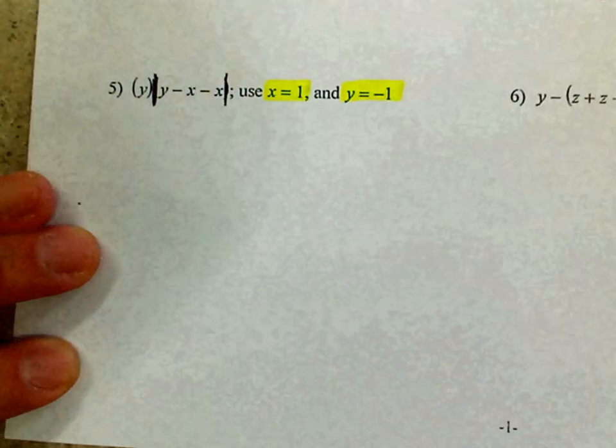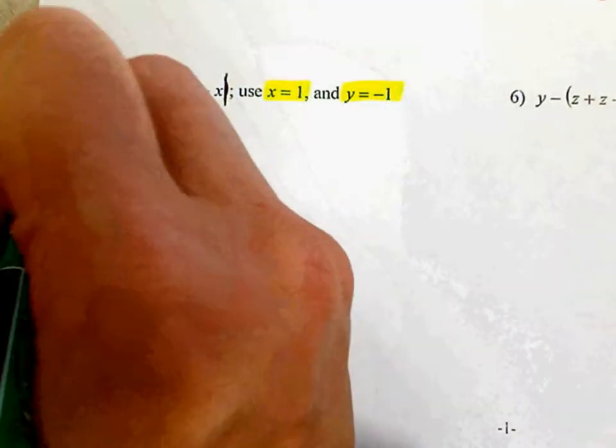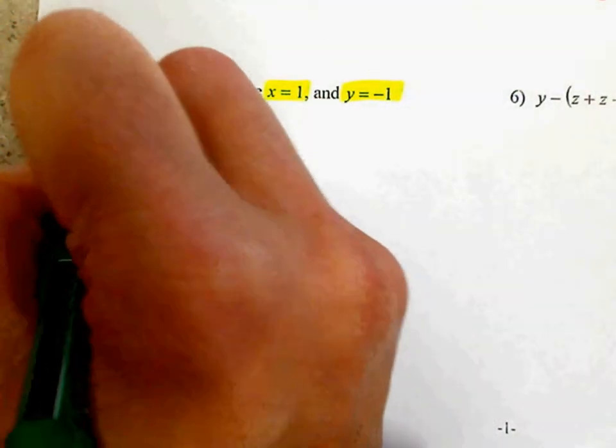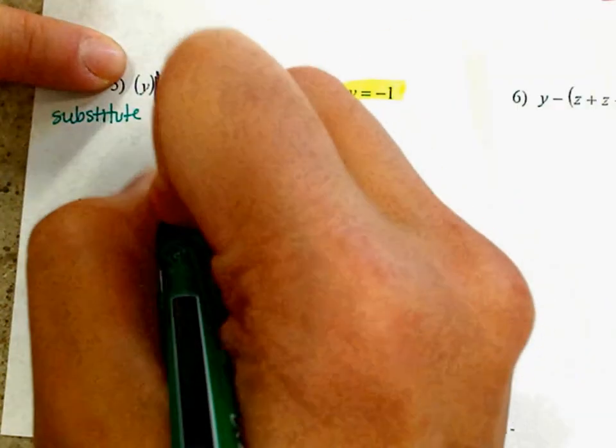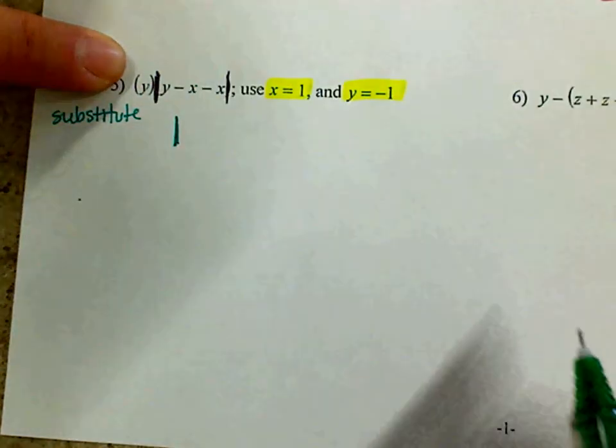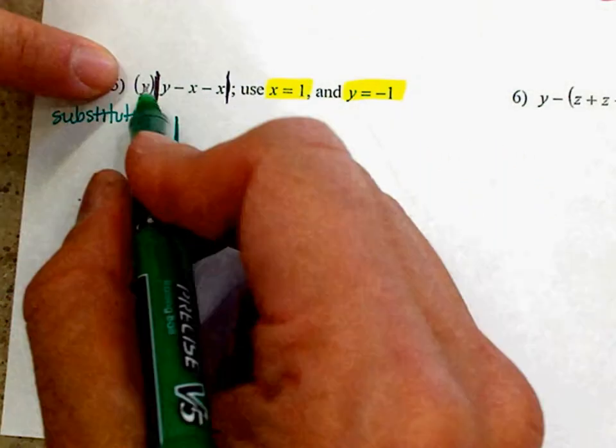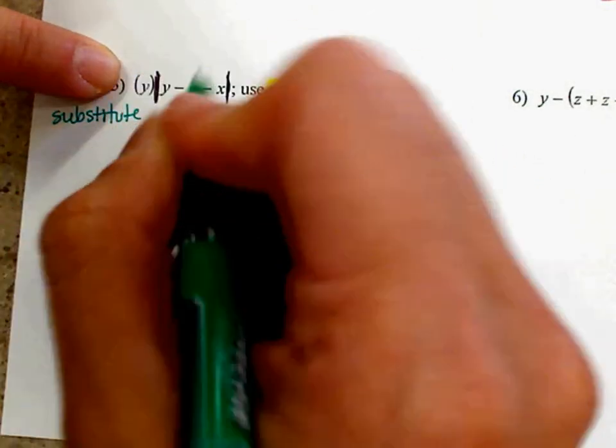Step number 1, we substitute, right? We replace. Draw your absolute value symbol. Oops, sorry. What is my y? -1. There's your absolute value symbol.